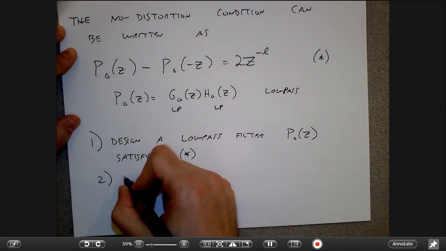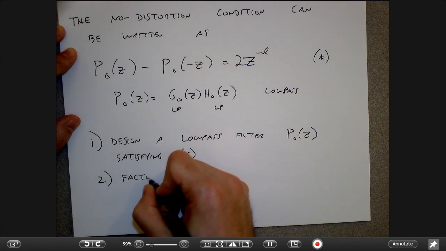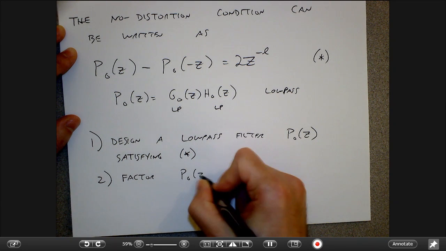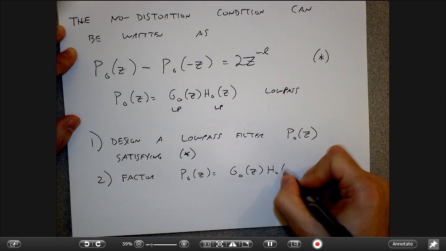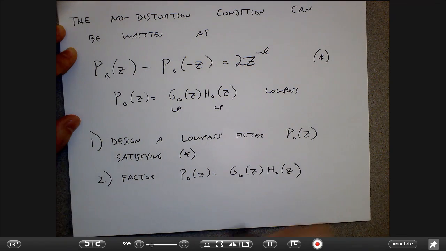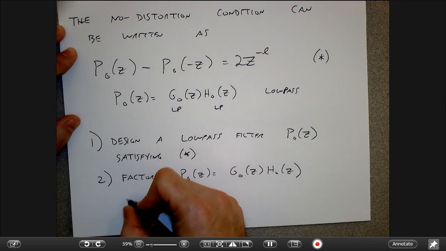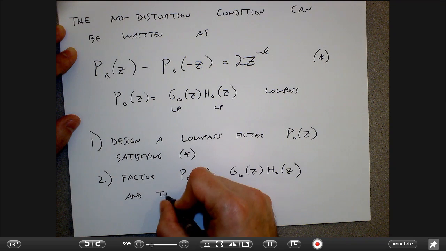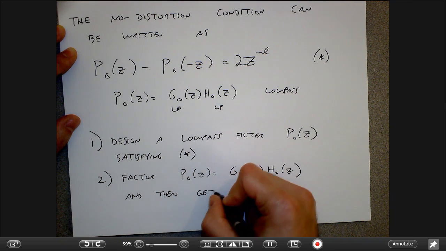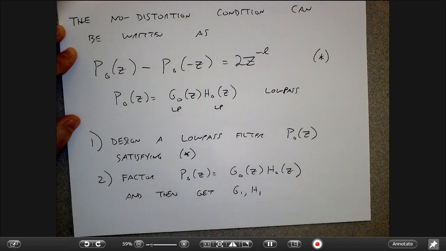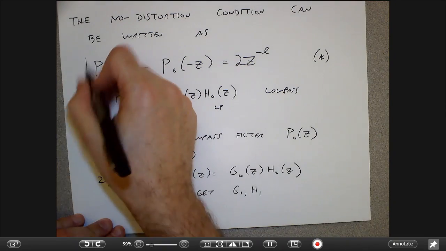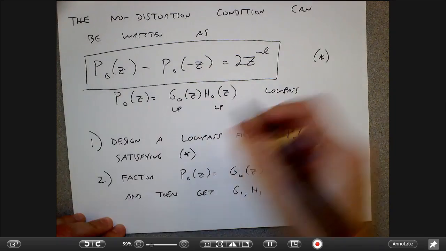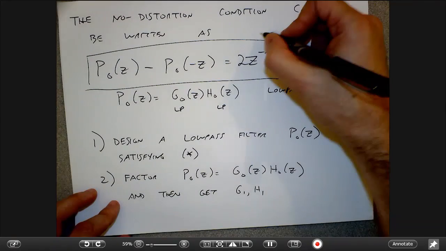And two, I want to factor or split the filter that I designed into two other low-pass filters, and then get G1, H1. Right? So everything kind of comes down to designing some low-pass filter that has this property. And this is called a half-band filter.